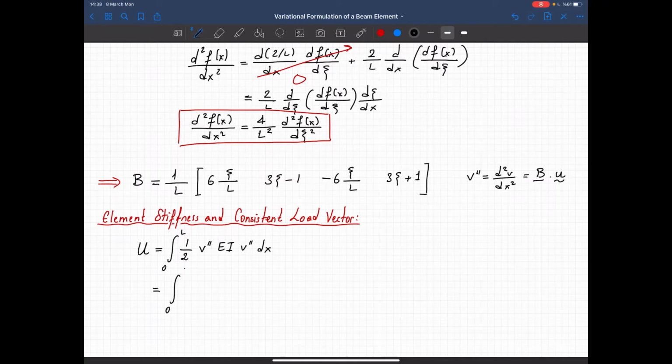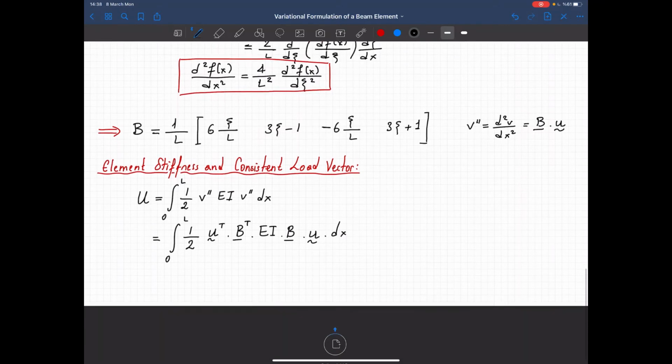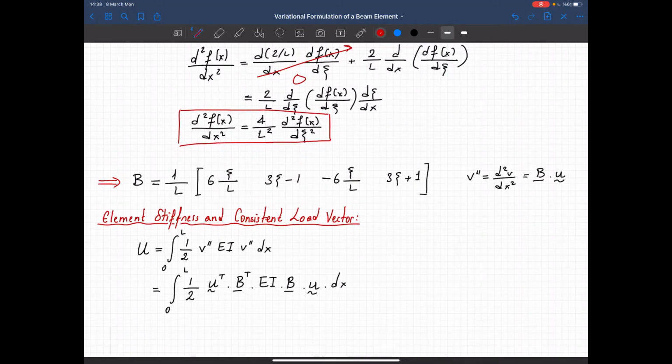So this is equal to, from 0 to L, 1 over 2 U transpose multiplied by B transpose EI multiplied by B times U times dx. Okay, so from our previous expression we can call this part of the equation our K element stiffness matrix.